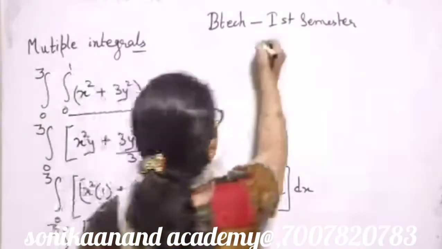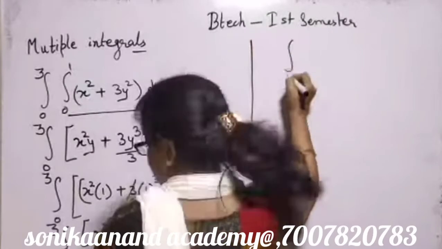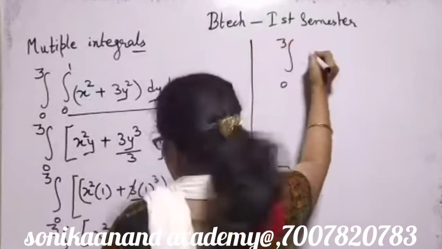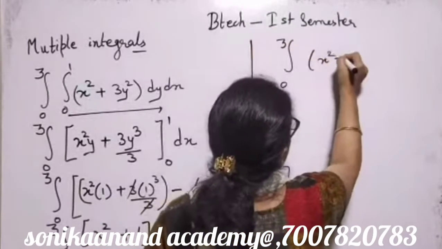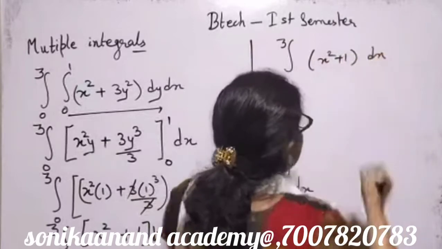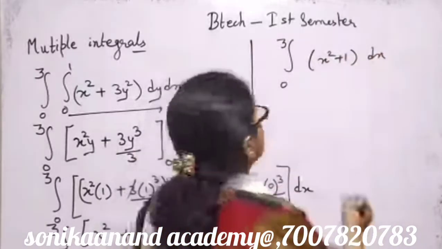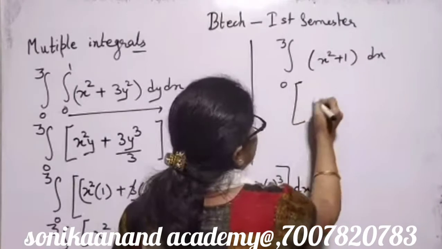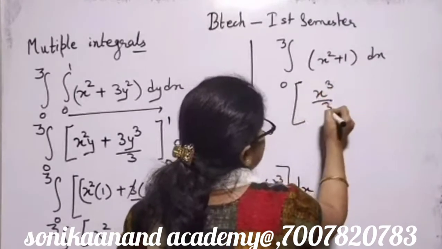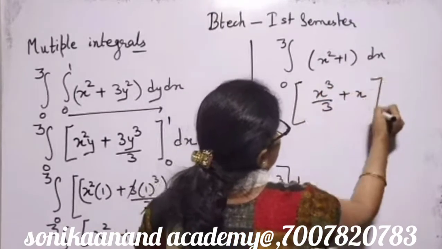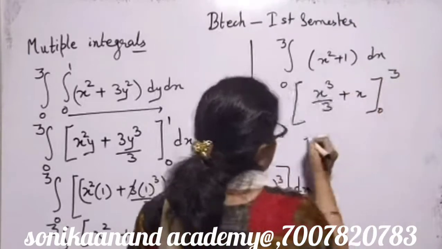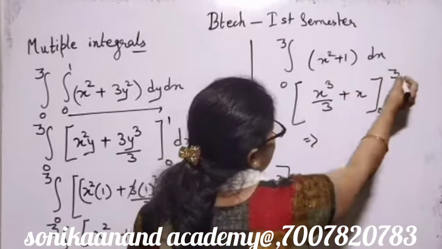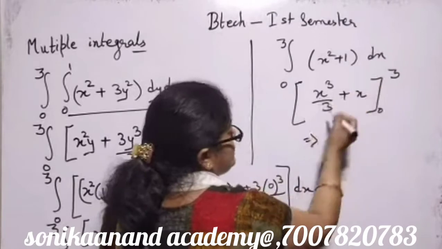Now again we solve it. We have the limits 0 to 3 and we have to integrate x squared plus 1 dx with respect to x. When we integrate it, we get x cubed over 3 plus x, and the limits are 0 to 3. We substitute the value of x as 3.